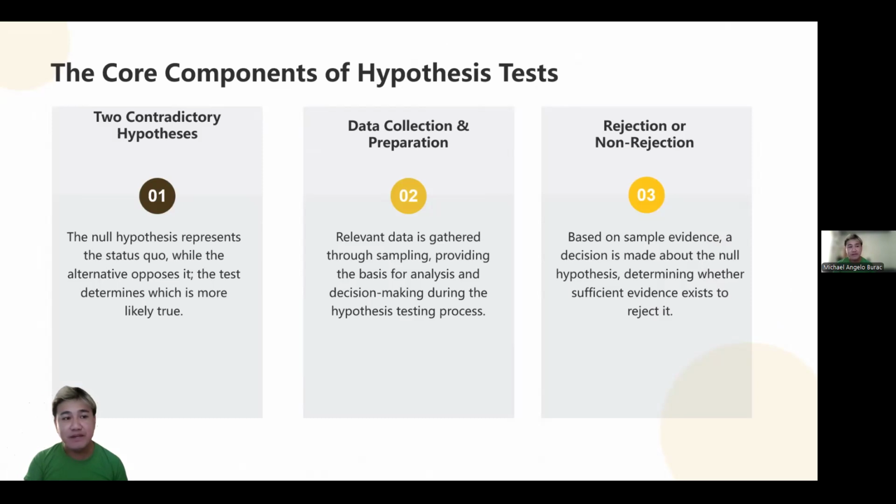Before collecting any data, we have to define these two competing, contradictory claims. The null hypothesis is basically the default assumption, meaning nothing changed or everything is normal. We also have the alternative hypothesis, which is that something changed.